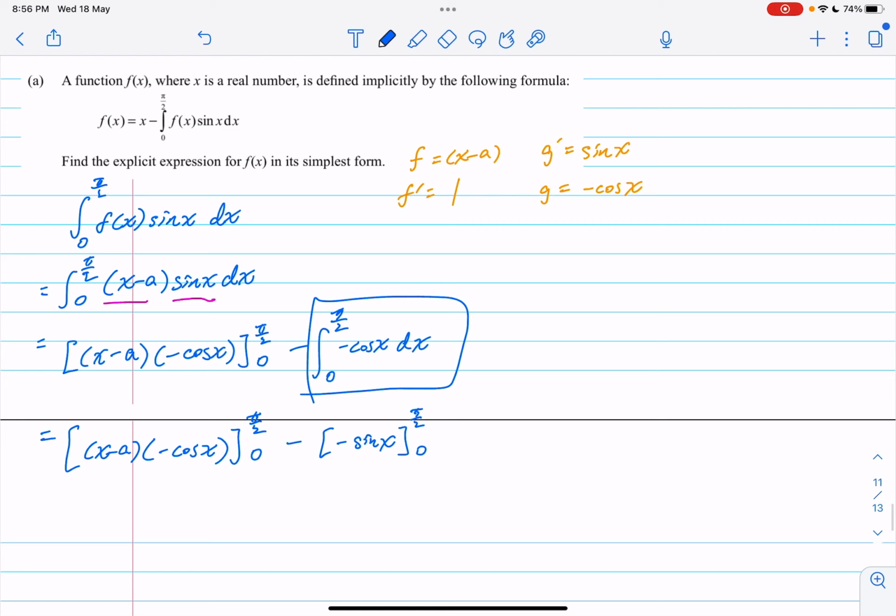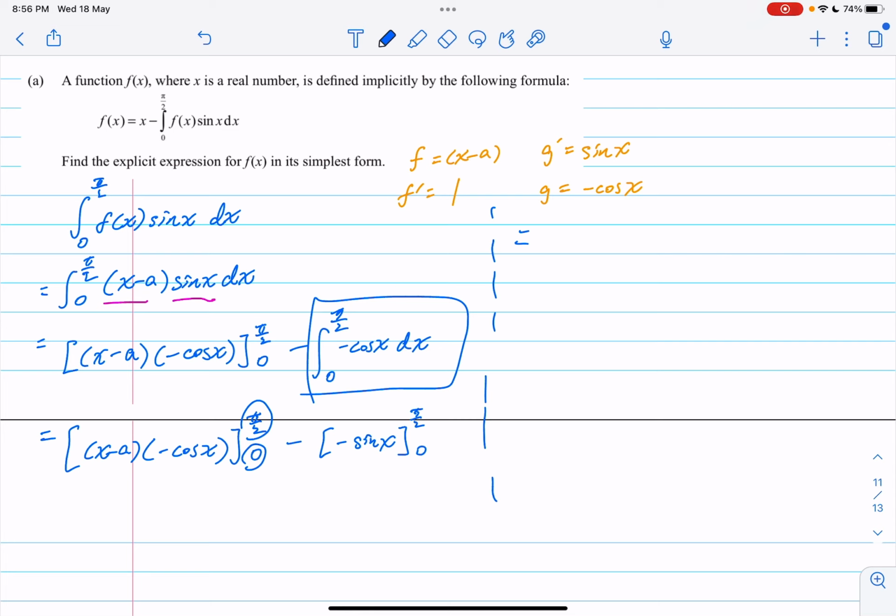Okay, so now what we're going to do is, I'm just going to write it under the right side. So when we evaluate this, we're going to substitute the values of the one on the top first, and minus this thing after the substitution of the second value. Well, I'll show you.